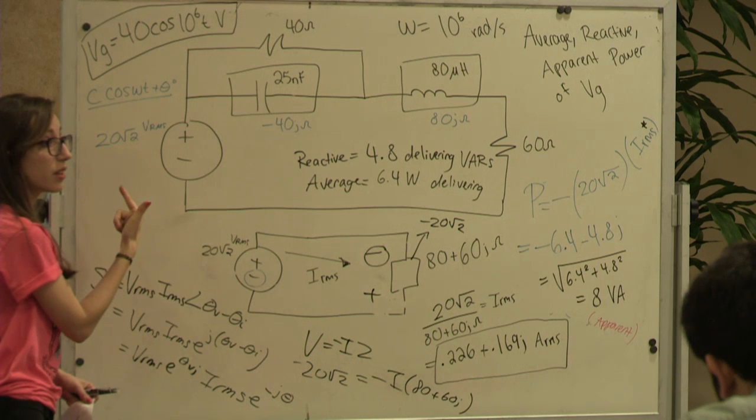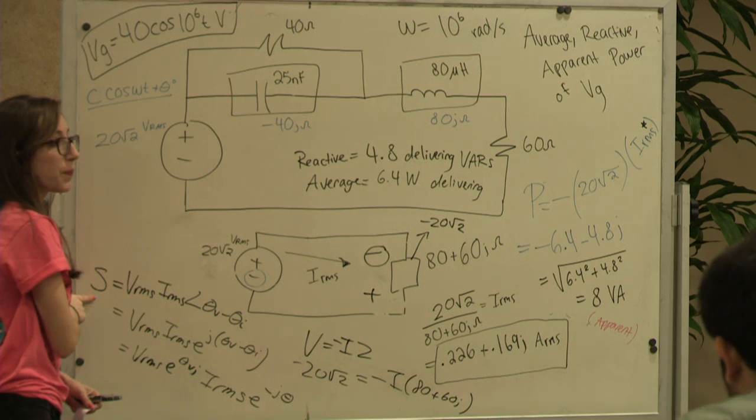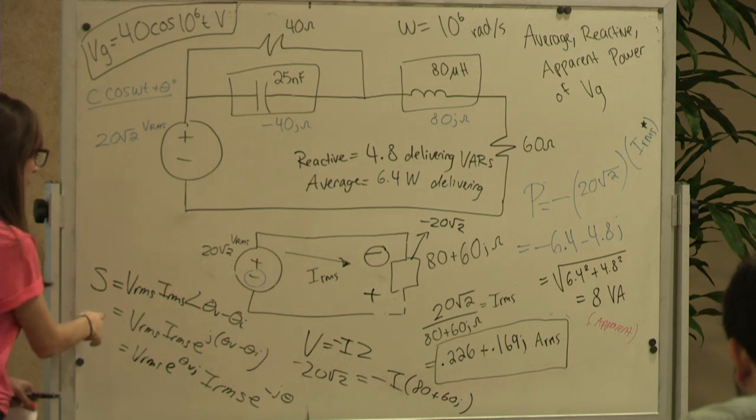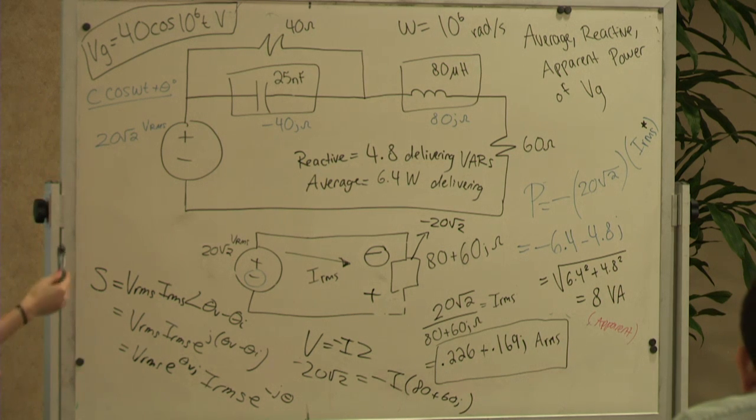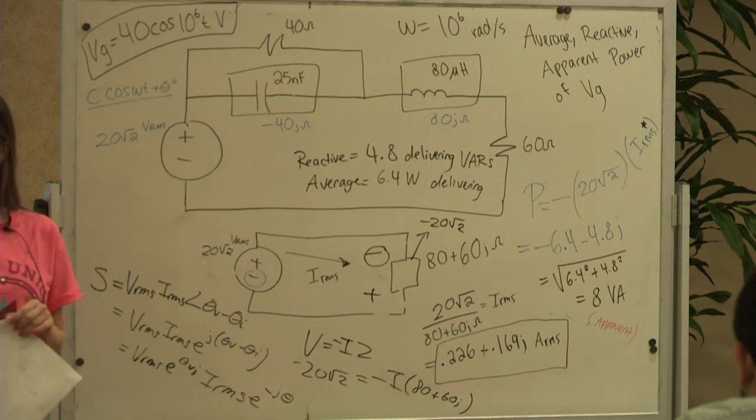The other one is in the time domain, and this is the converted version. Then I brought it down to the other polar form, and this is the rectangular form that I found over here. They're all the same.